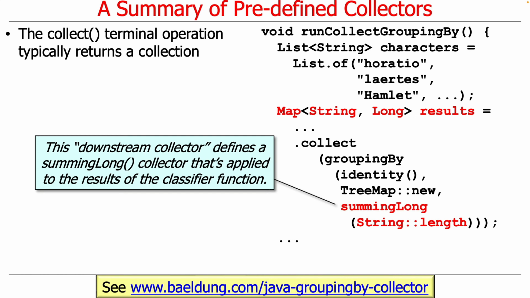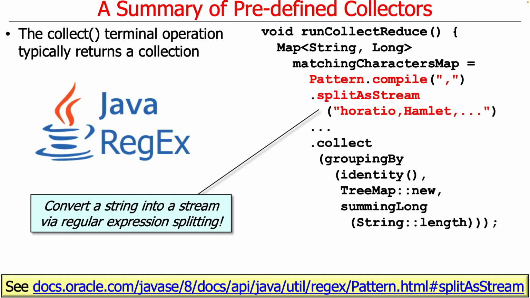So the values will not end up being a list of longs, it's going to sum them together. You could make a list of longs also, but this is going to sum the results into a long value. And we'll talk more about downstream collectors. They're very powerful and very cool, but take a little bit of time to get your head around at first.